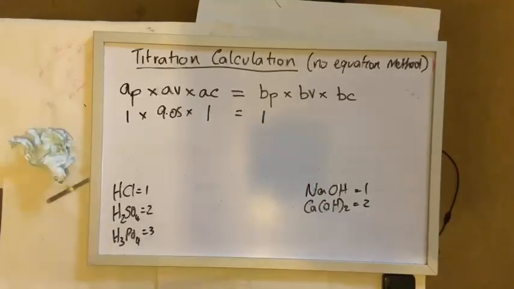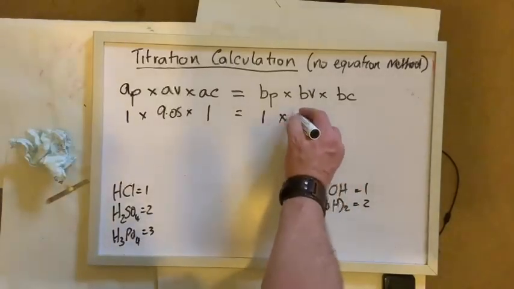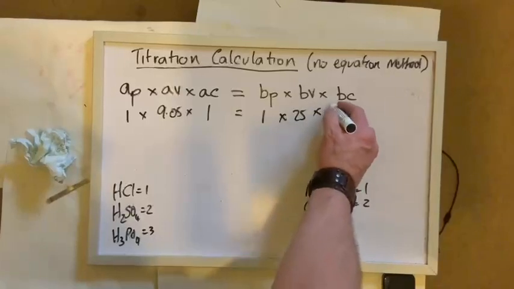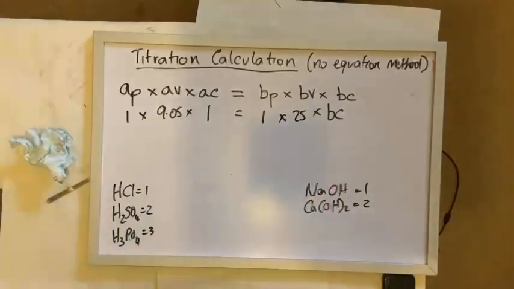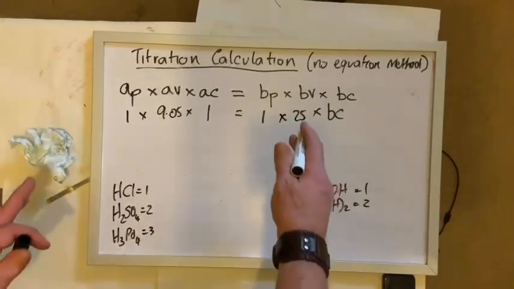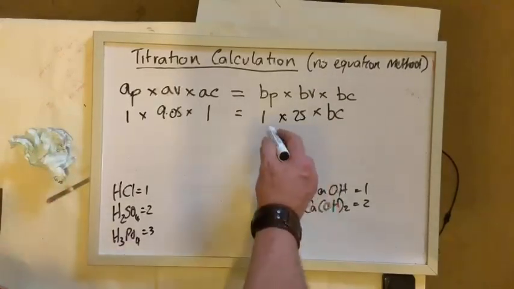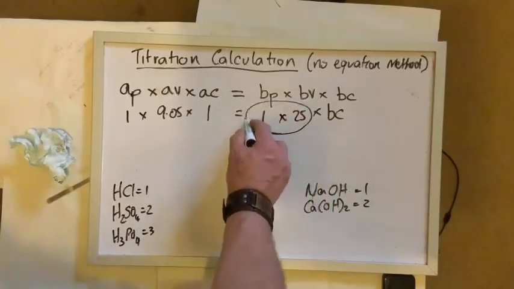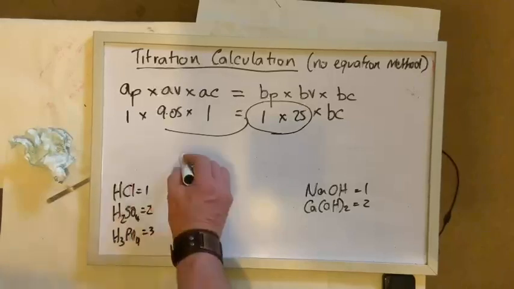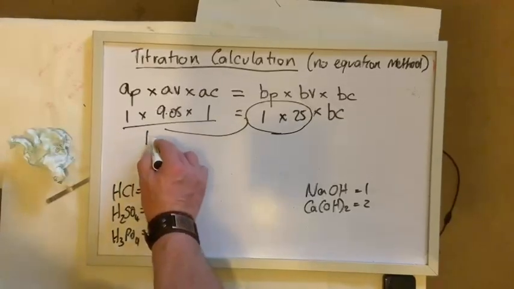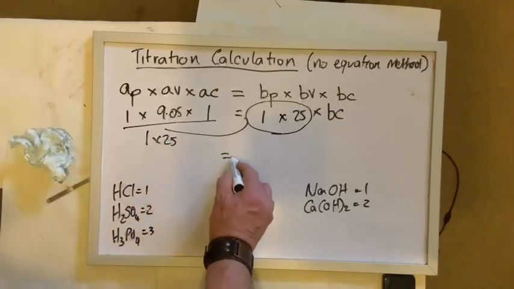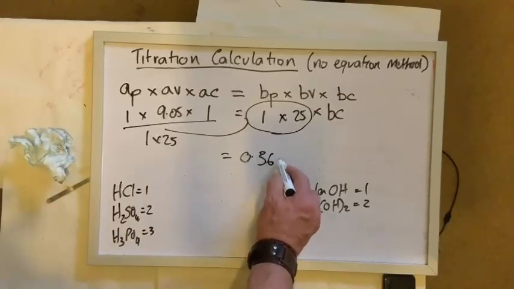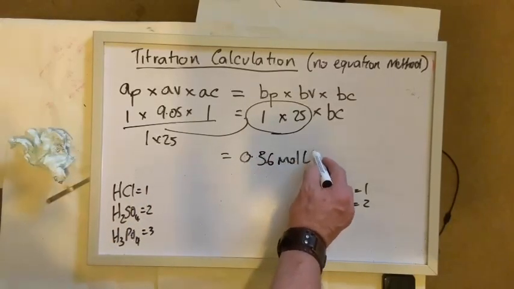The base volume, again, from the titration, we use 25 centimetres cubed. And the base concentration is what we're trying to find. So again, to find the base concentration, these just moved underneath. So, well, that's going to give us 0.36 moles per litre.